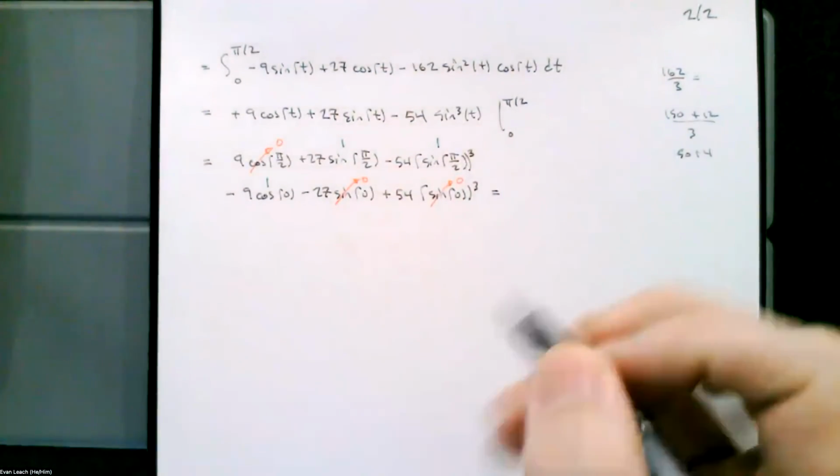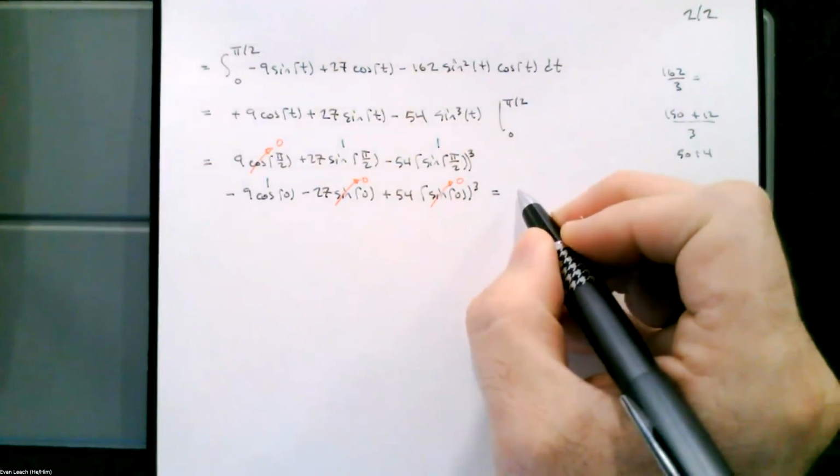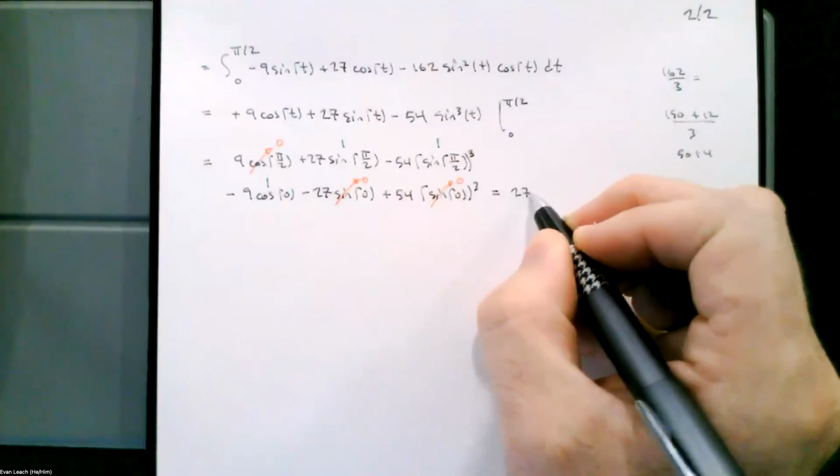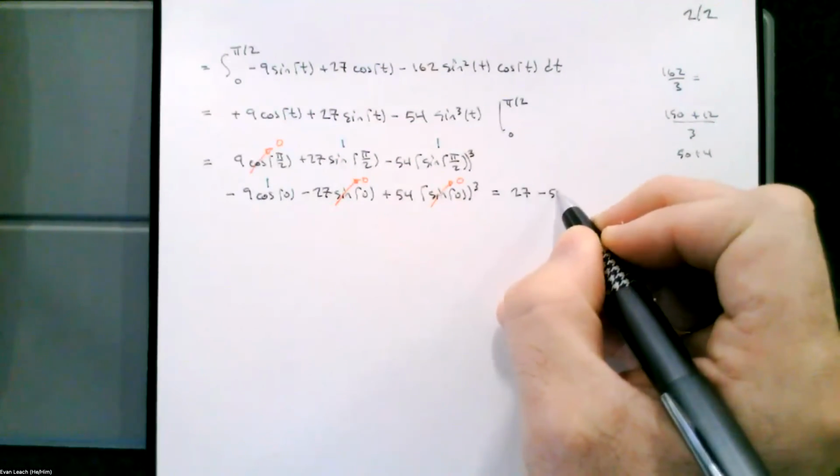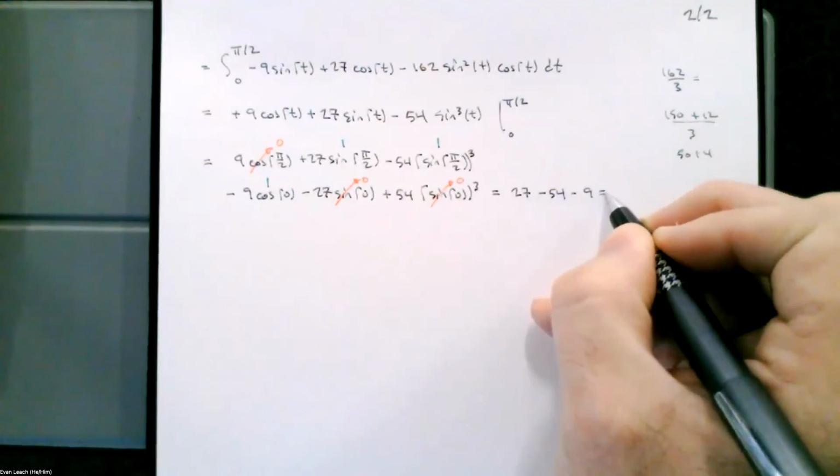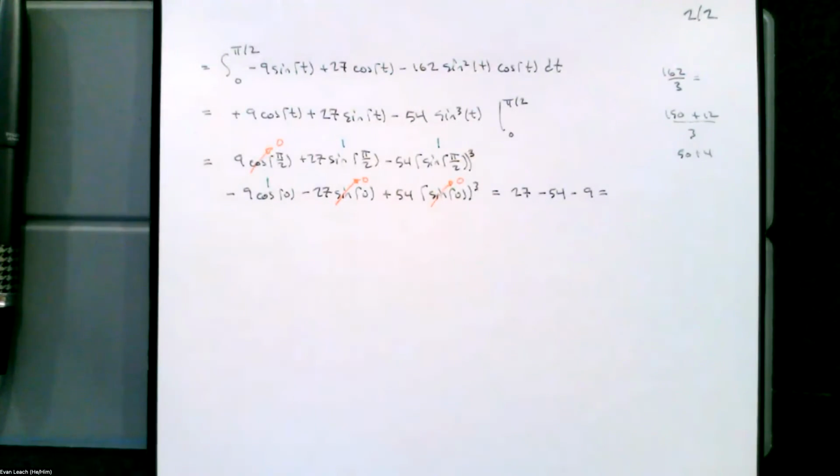So after all this, I've got 27 minus 54 minus 9. How much is that? Oh man, so much arithmetic. I've been arithmeticking for too long. What's this all add up to?